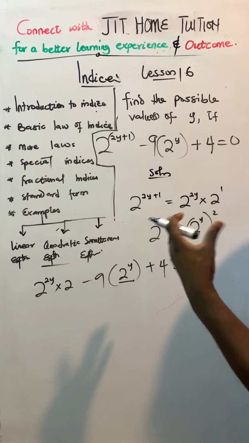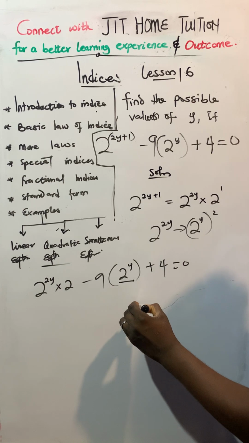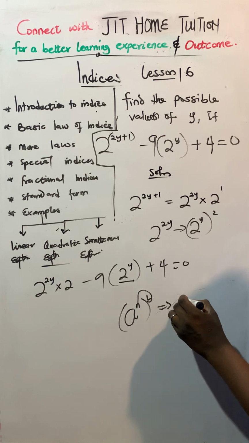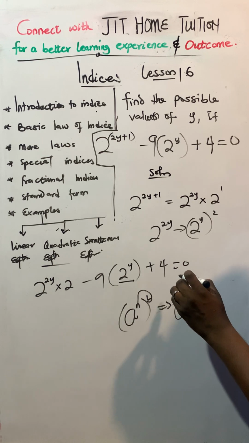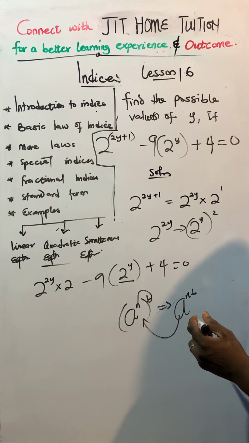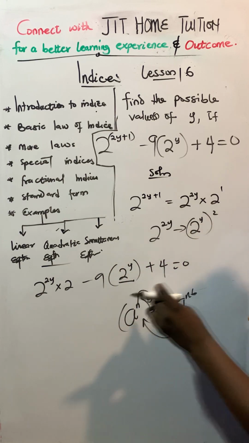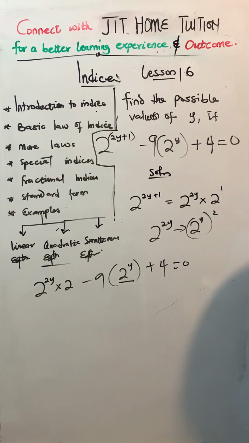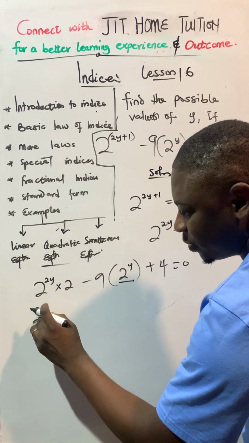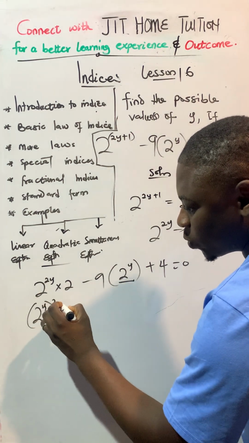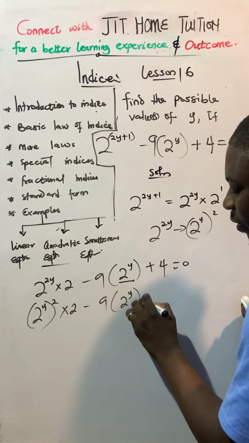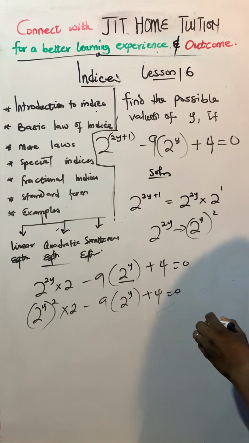Now, when we're looking at some of the principles, we said that a exponent n, all exponent b, the exponents will multiply, giving you a exponent nb, meaning that you can reverse it this way, and that is what I've done over here. So with that understanding, that will give you 2 exponent y all squared times 2 minus 9 times 2 exponent y plus 4 equal to 0.